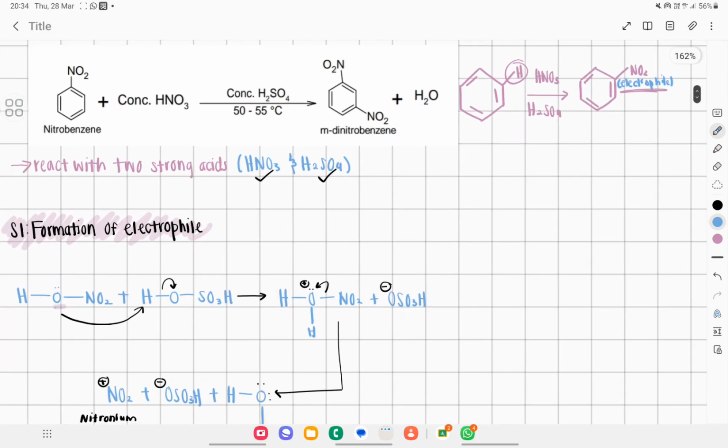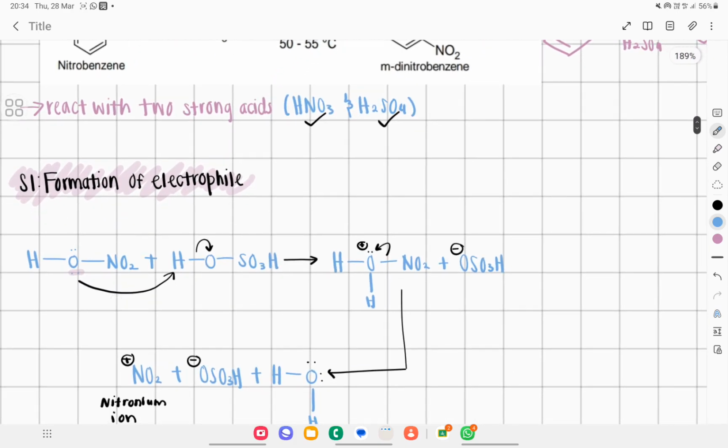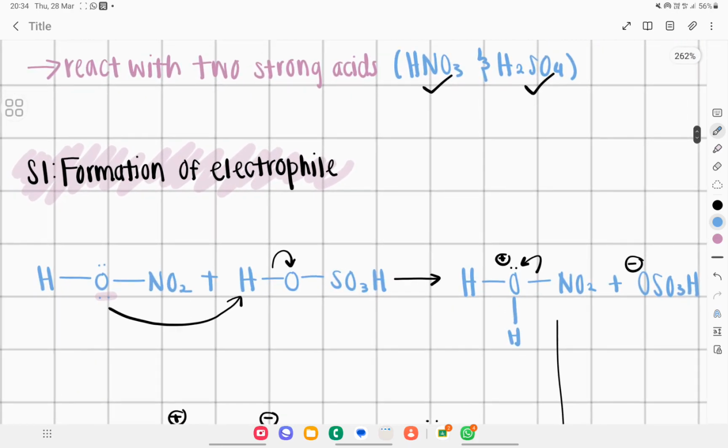I will explain this in sequence, in steps, so that we can understand it better together. In this first step, the hydrogen ion H+ from the sulfuric acid, which is H2SO4, will be transferred to nitric acid, which is HNO3.